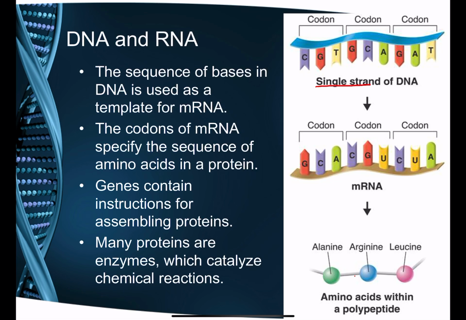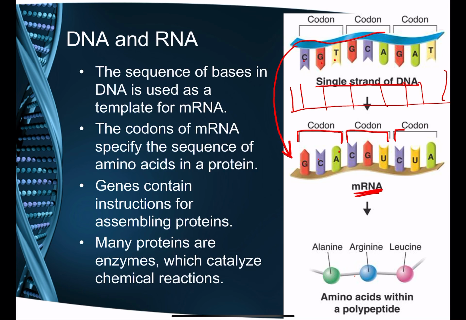We've got our single strand of DNA right here. Remember, it has another side to it, right? But we separated it, and we're just using one side. So that single strand of DNA is made into a complementary, meaning the base pairs are opposite, strand of mRNA, which has the codons on it in groups of 3.